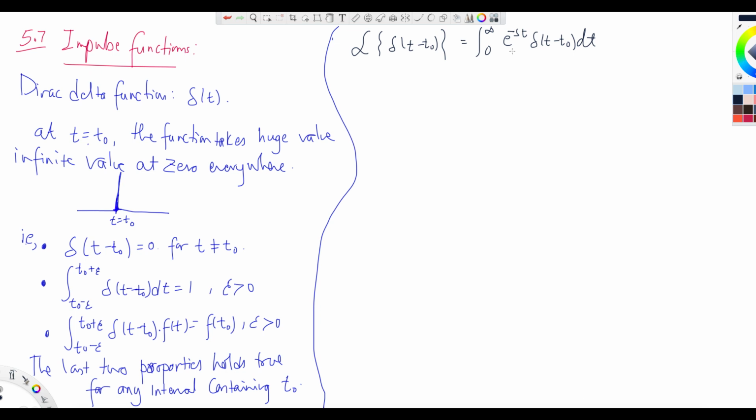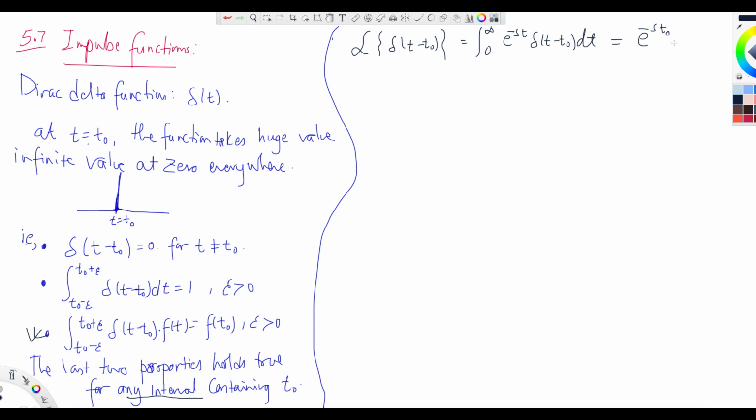You see that? Look at the third property of the delta function. If you multiply delta(t minus t0) with any function, the integral over any interval that contains t0 is the same as the other function evaluated at t0. So we get e to the negative s t0.